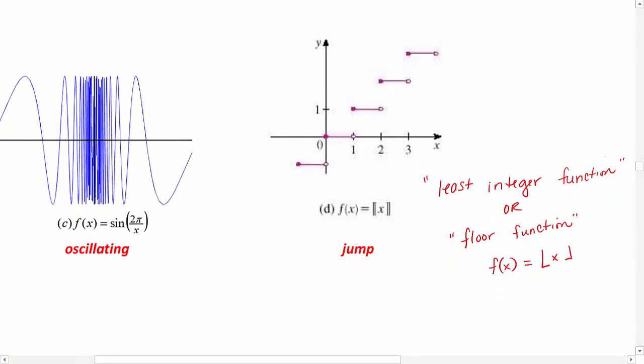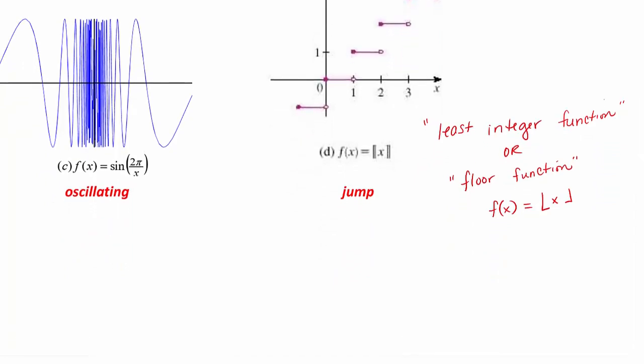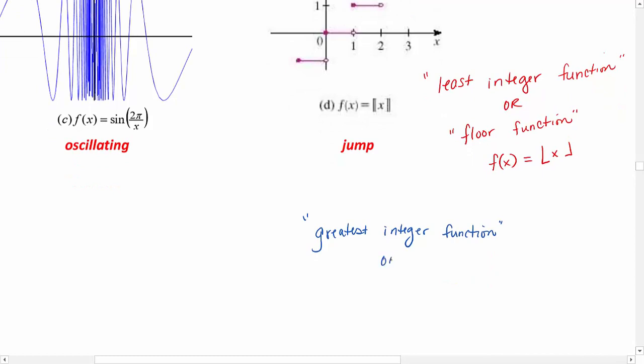There's another function that's similar to this called the greatest integer function, and here you're always rounding up. So it's the greatest integer function, or sometimes it's called the ceiling function.